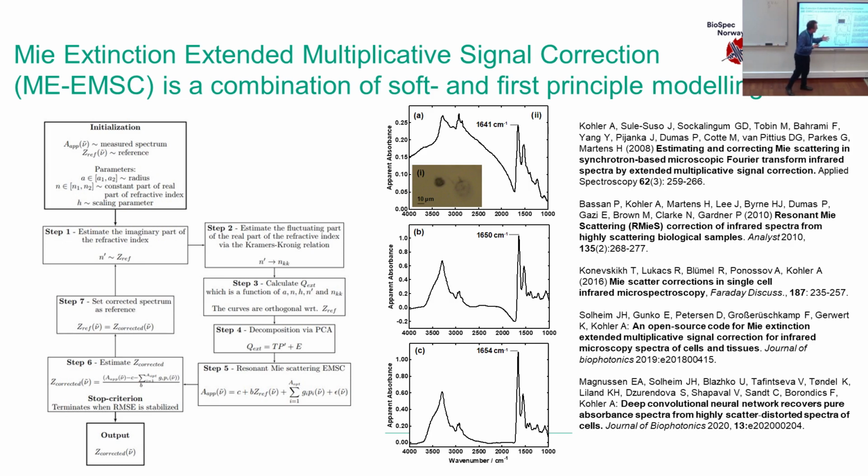We use this Mie theory, but very shortly, we start out with an estimate for the so-called pure absorbance spectrum. What we assume is the chemical properties of the sample, and then put this into Mie theory, and calculate a scattered spectrum using an assumption for the refractive index and the size of the sphere, etc. And then we do this many times for a large range of sizes and refractive indices, etc. So we take this space of possible solutions, and we compress it in a PCA model.